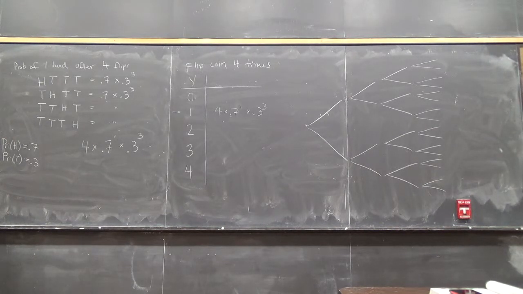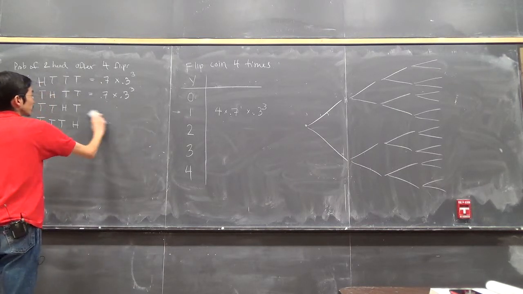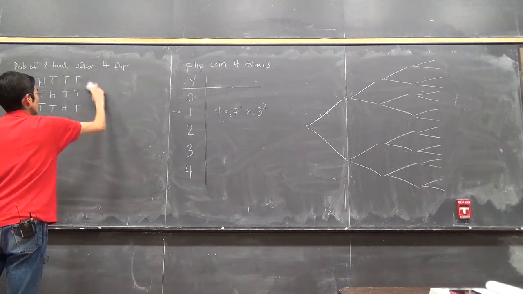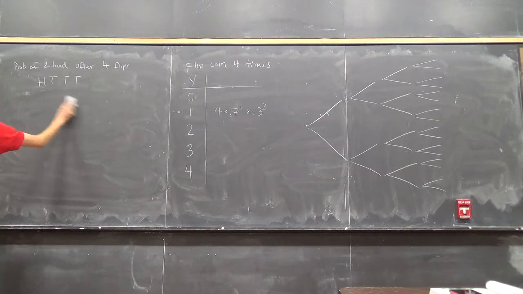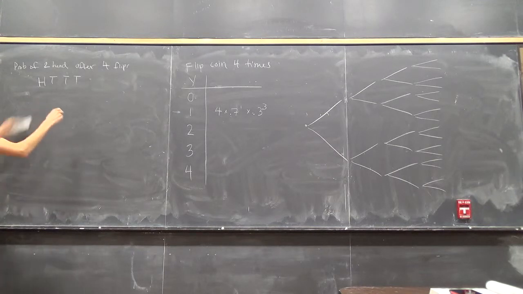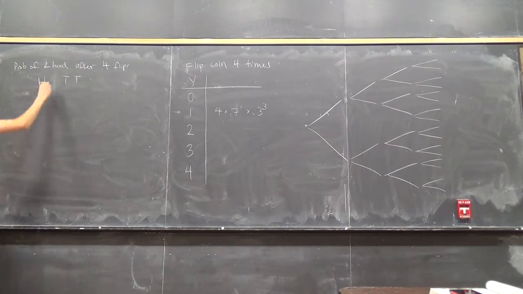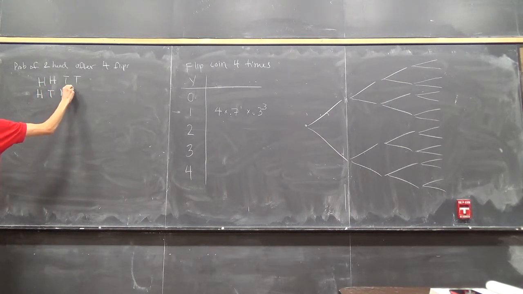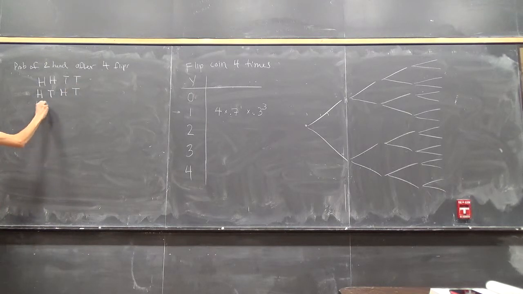All right. Okay. What about the probability of getting 2 heads after 4 flips? What is the probability that I get 2 heads after 4 flips? Okay, so this is just a tiny bit harder. So I'm going to list off all the possible ways to get 2 heads after 4 flips.